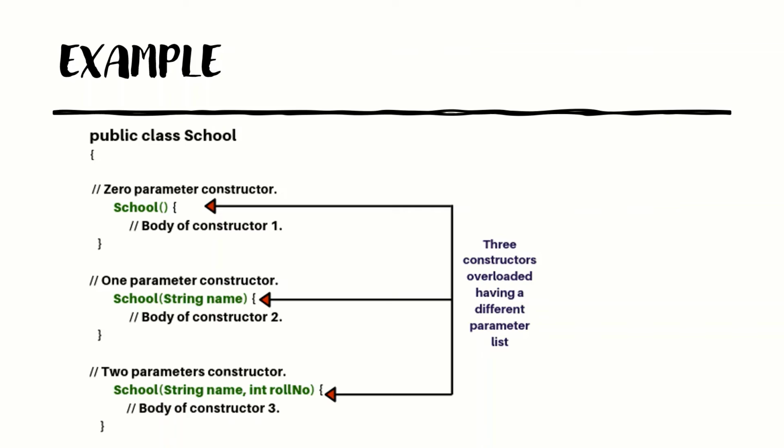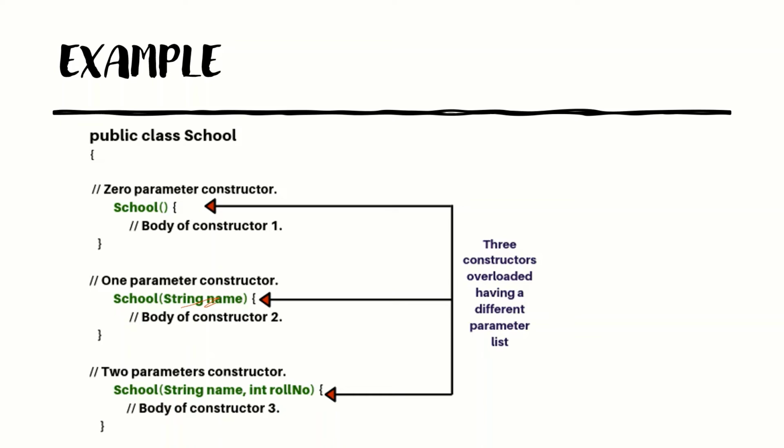You can see in the School class there is one constructor without any parameters. In the next one, School with a string name. In the third constructor, you have a string name and also an int roll number, because there are different types of data that you are going to initialize.